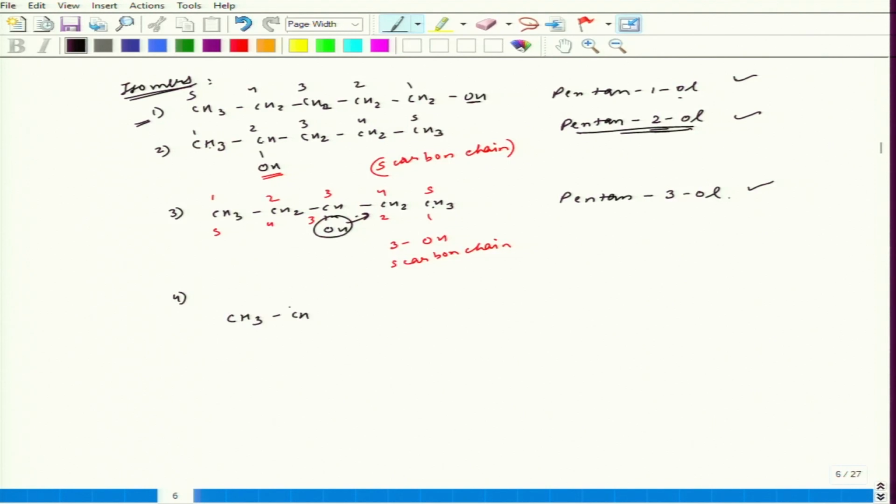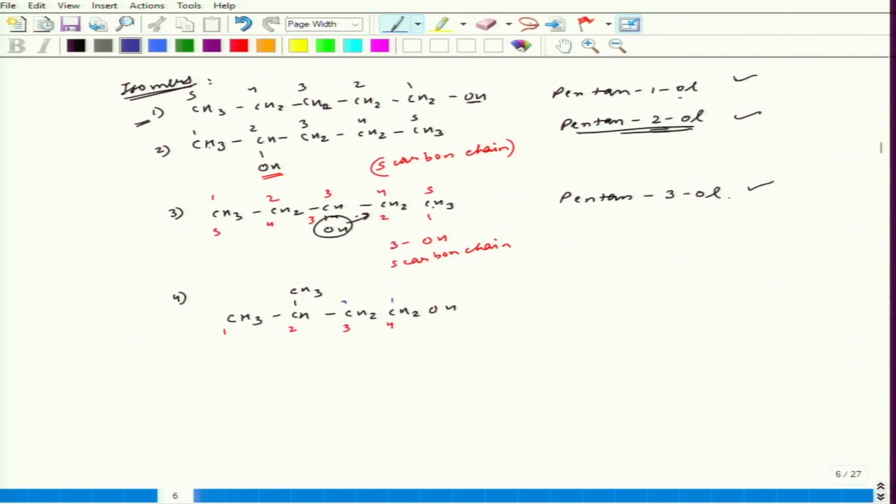CH3, CH, CH3, CH2, CH2, OH. 1, 2, 3, 4, 5. I'm counting the number of carbons again, so I don't miss any carbon. So it's on 1. In what different ways can the numbering be done? 1, 2, 3, 4.